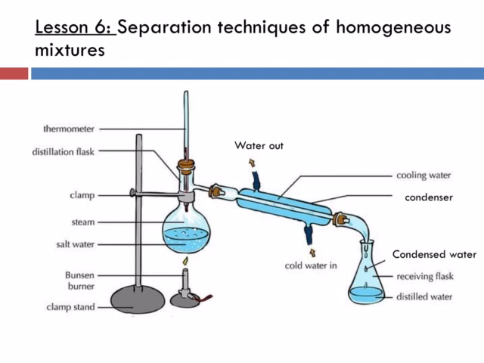Then the liquid will drop all the way down to reach the Erlenmeyer. So now in the Erlenmeyer we will have the distillate, which is pure water, and in the flask we will have salt, which we will call the residue. And this way we would have separated our mixture into pure water and salt.